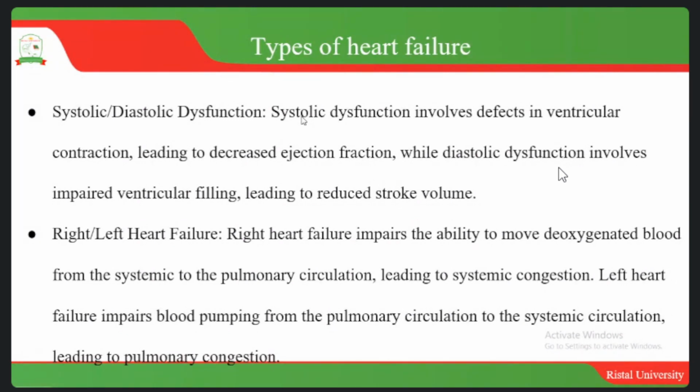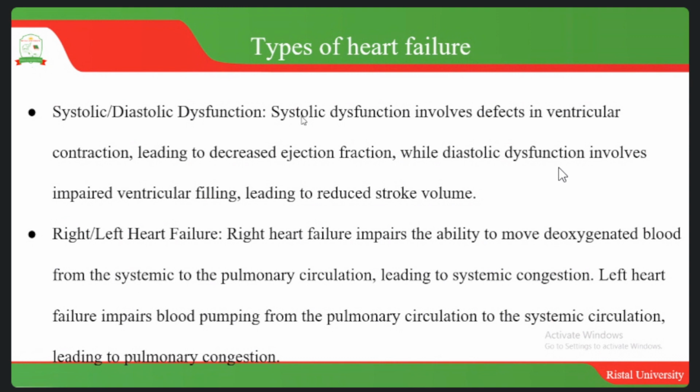So right heart failure impairs the ability to move the blood from the systemic to the pulmonary circulation, leading to systemic congestion. Left heart failure impairs the blood pumping from the pulmonary circulation to the systemic circulation, leading to pulmonary congestion.